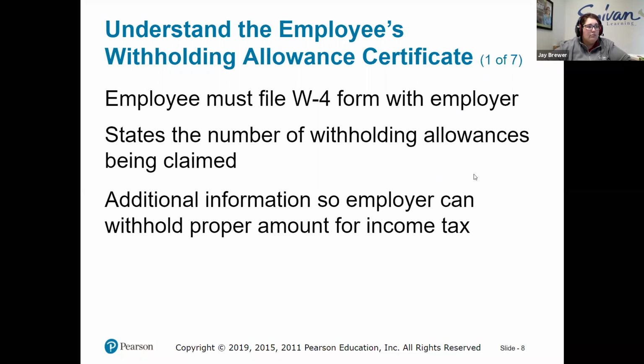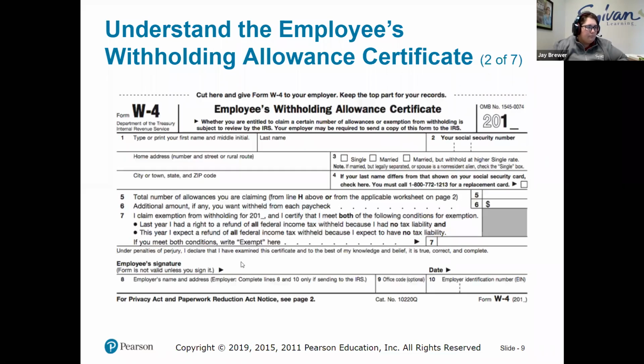If you put a 0 down, they take the most out, and the more dependents you have, the less money they take out, but then you owe more at the end of the year. Additional information is included so the employer can withhold the proper amount of income tax.